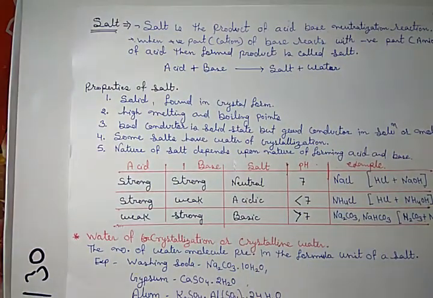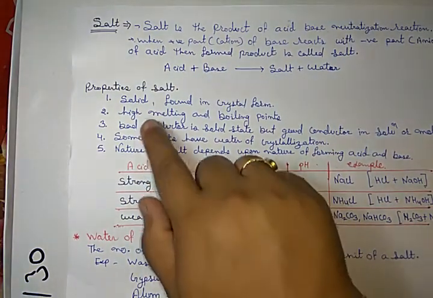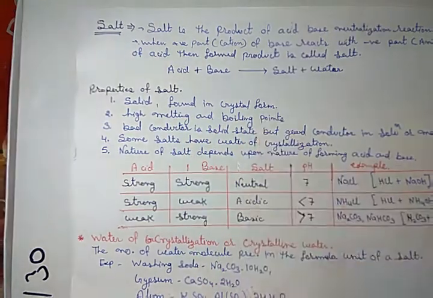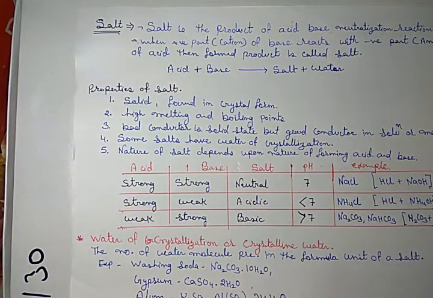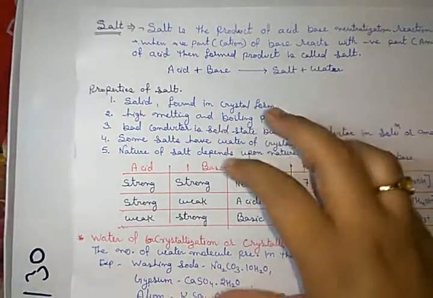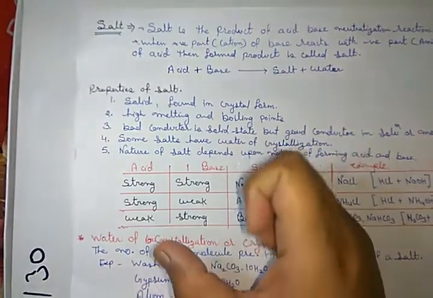Now the properties of salt: they are solids and form crystals, so they are crystalline solids. Since they are ionic compounds, they have high melting and boiling points. Because of the presence of ions they should be good conductors, but in solid state they are bad conductors because the ions are strongly bound.